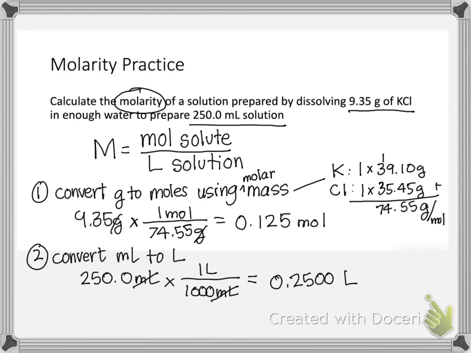So now I did all that work and I don't have my answer yet, but I am getting closer because my molarity is going to equal the moles, 0.125, over the liters.